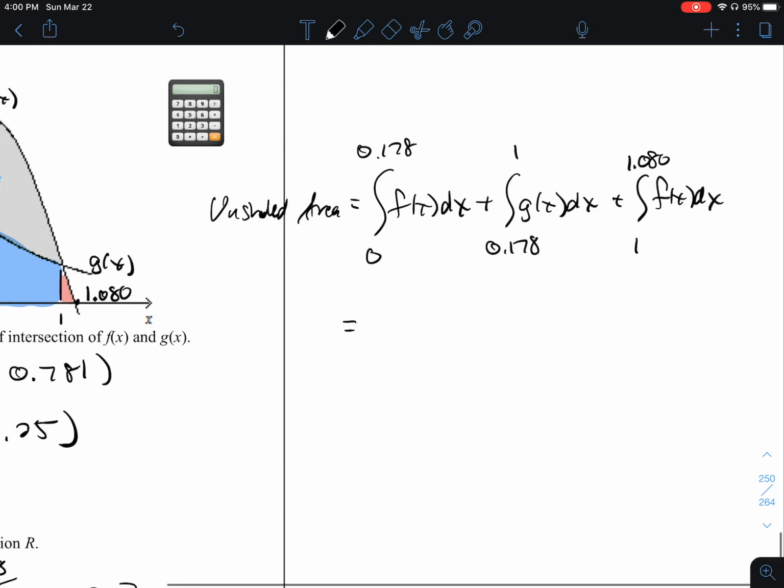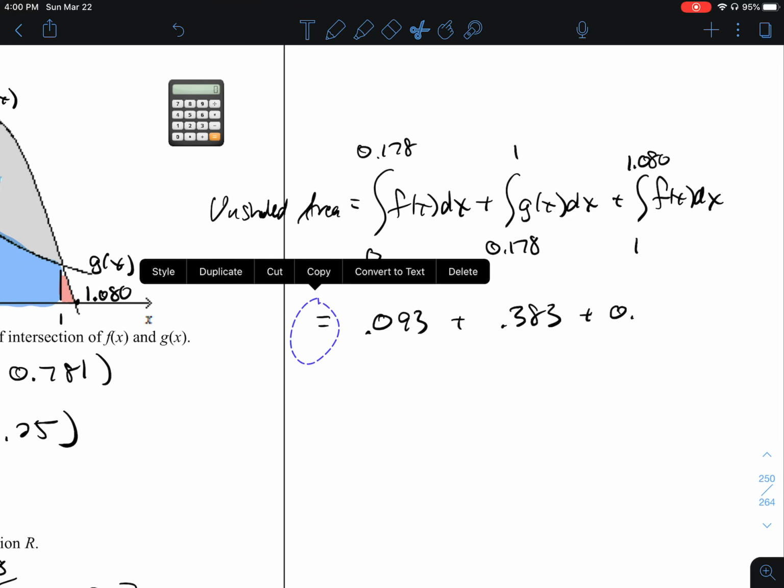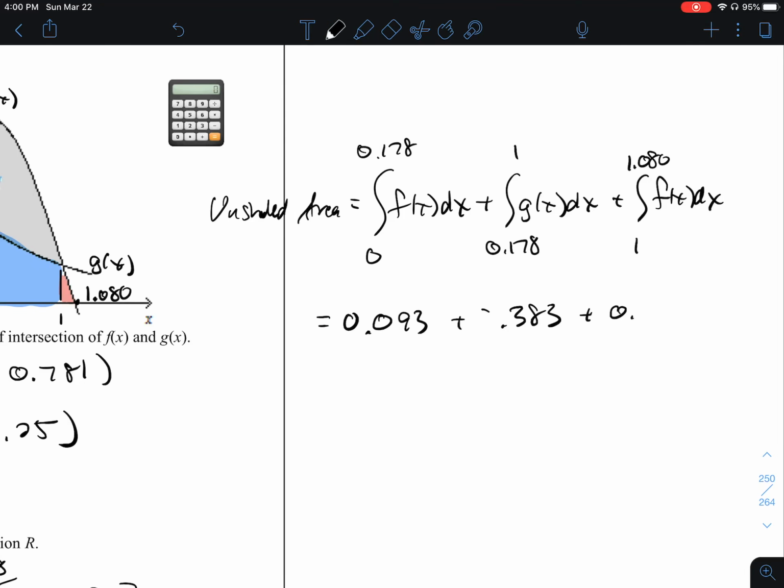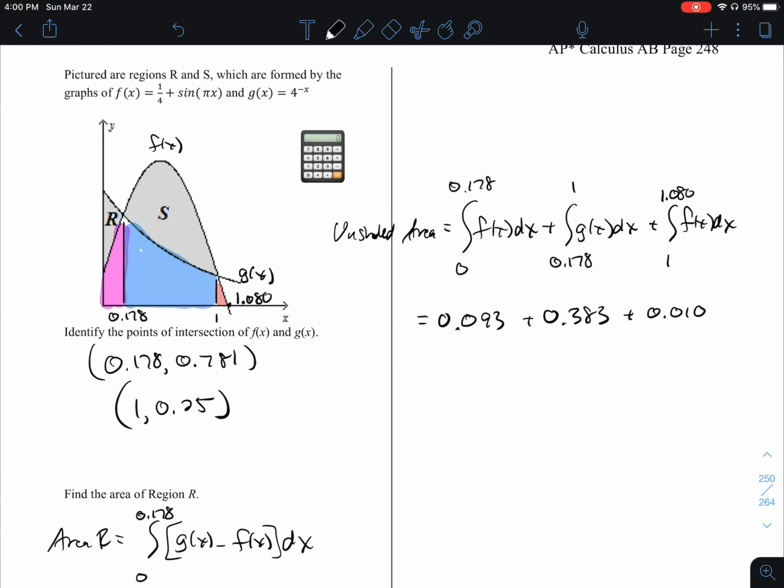So I found this to be 0.093 plus 0.383 plus 0.010. These all should probably have zeros in the front. So this right here we're saying is 0.093.